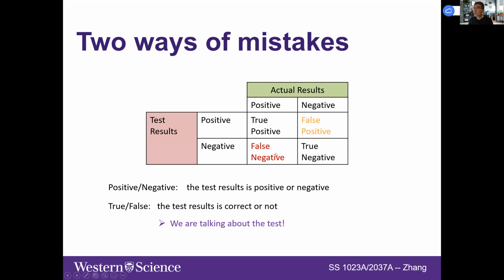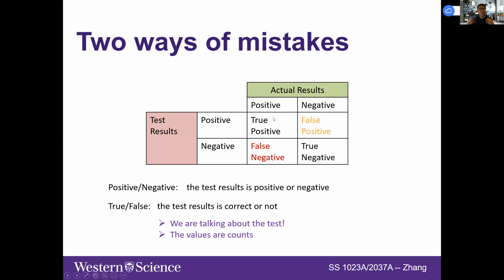And similarly, we could define the other two cells, which are actually correct. Because they are correct, they are true. And according to the test results, we classify them as true positive or true negative. And here, I also would like to emphasize that the values in each cell are just the counts.